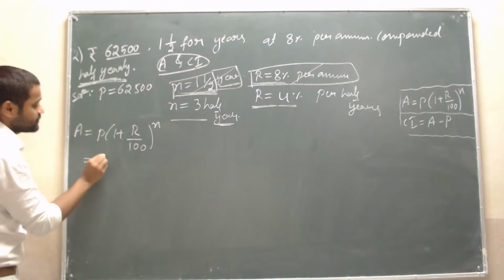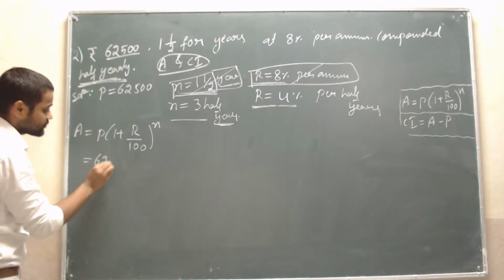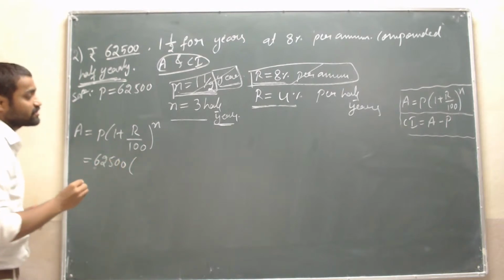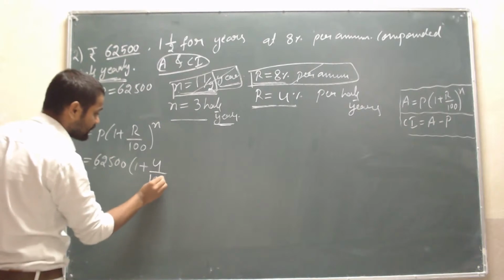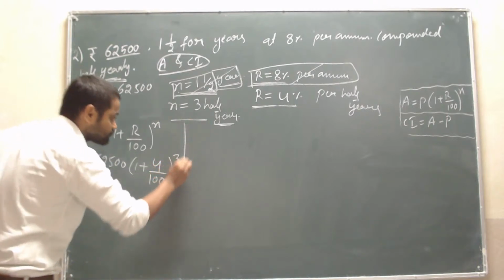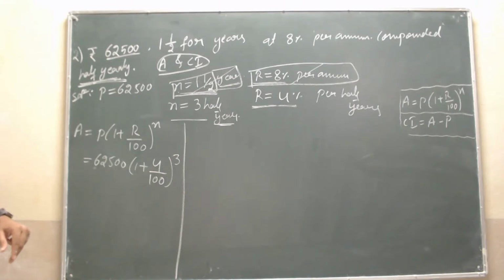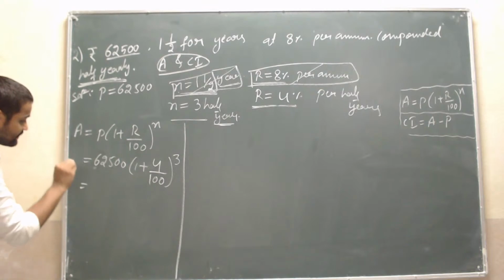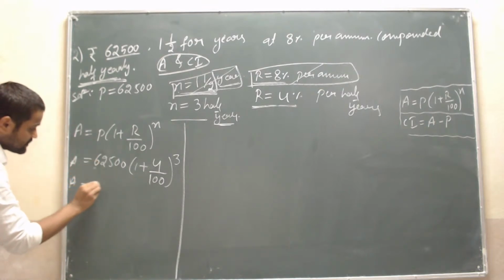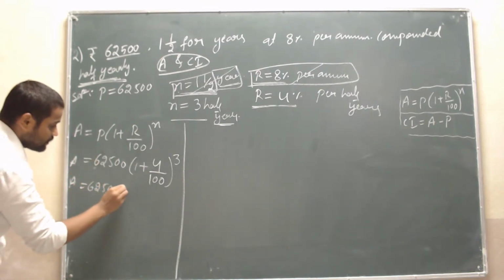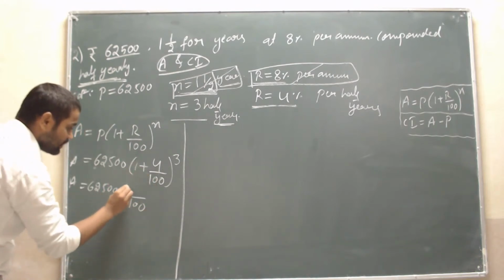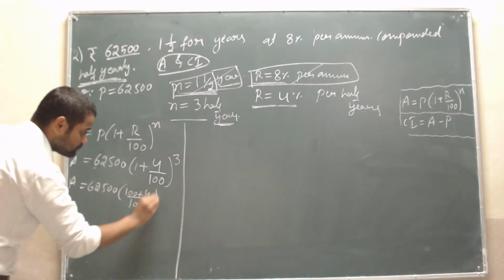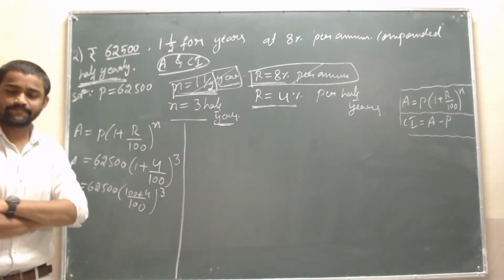P is 62,500, r is 4 divided by 100 and n is 3. Check it once. Correct, sir. A equals 62,500 into LCM 100 plus 4 whole to the power of 3.